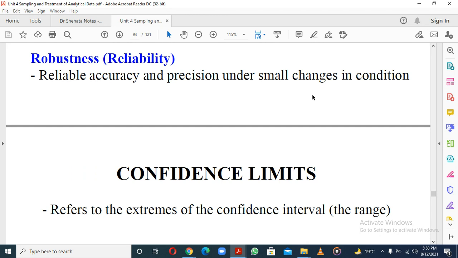So this is basically, are your accuracy and precision under small changes in condition reliable? Let's say when you've done your experiment, it was 24 degrees Celsius. If the temperature changes by a small margin, are your values still accurate and precise? Okay, so that's reliability or robustness.